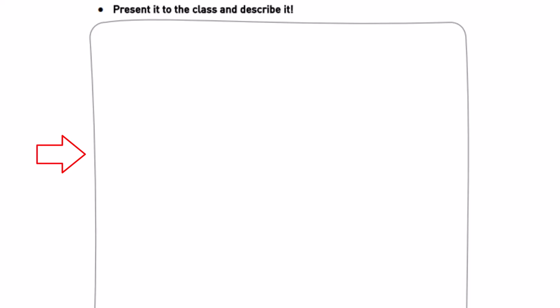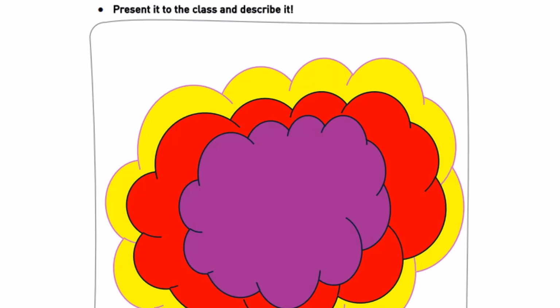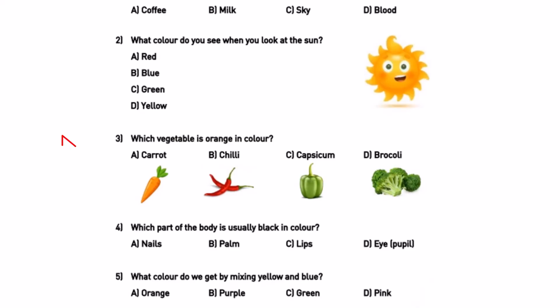Now, let's move to our creative space activity. Here, ask learners to get their color pencils out and draw something fun using all their favorite colors. Once they do, ask them to describe the drawing to their class. Here we have the self-assessment questions where learners can attempt the questions and teachers can assess if they've understood the questions clearly and the concept given in the learning sheet.